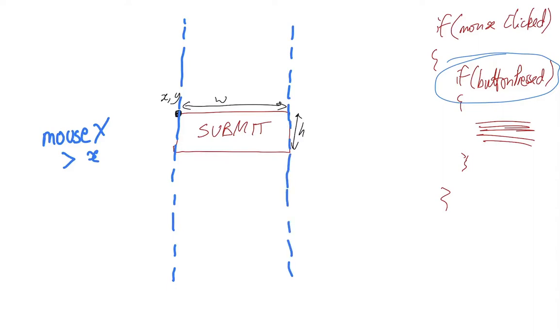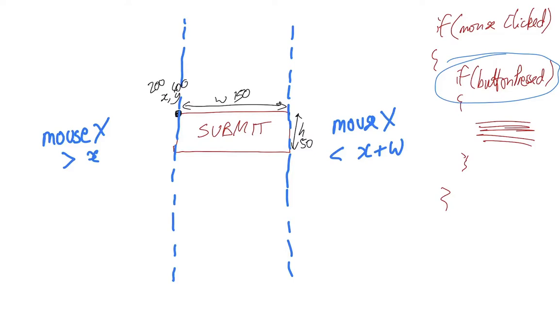So I want my mouse X to be greater than the X position. In addition to that, I want my mouse X to be less than X plus width. Let's imagine that X is 200. I'm going to redo that with more sensible numbers. X is 200, Y is 400, my width is 150, and my height is 50.